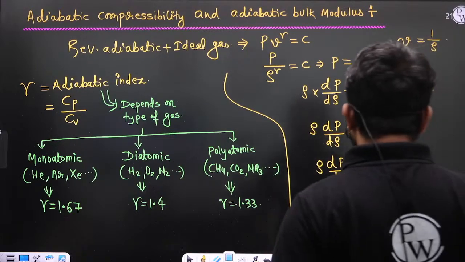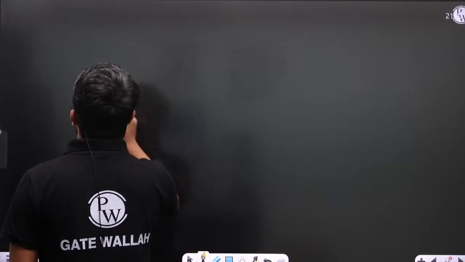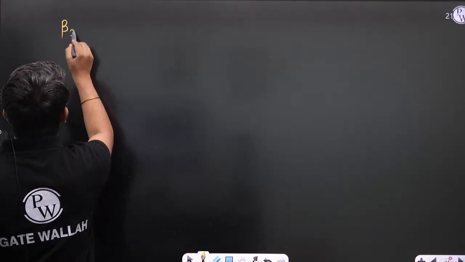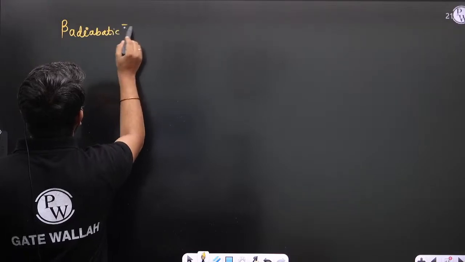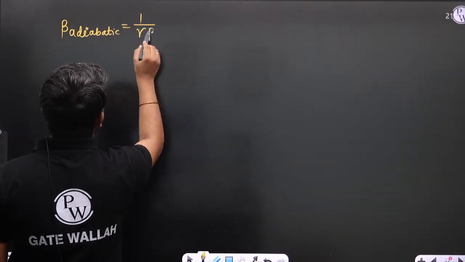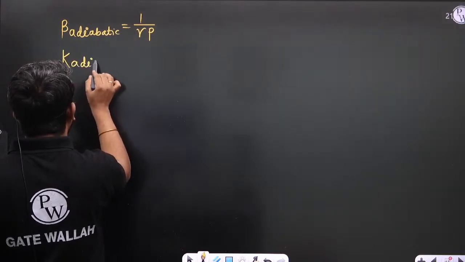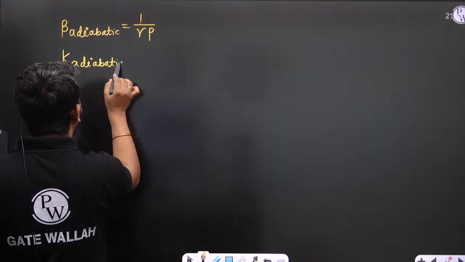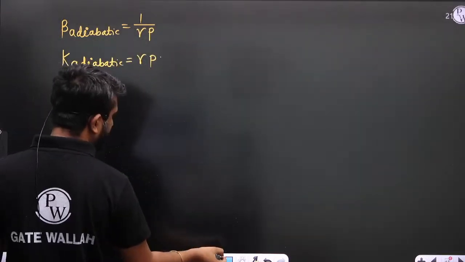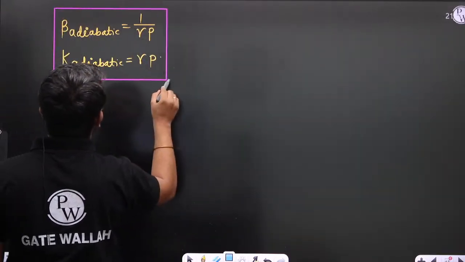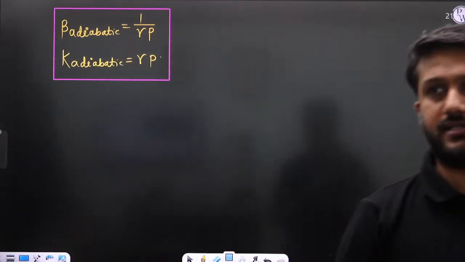If you know it, we can easily say the adiabatic bulk modulus, which is the reciprocal of this, and that is gamma P. So this is about the adiabatic compressibility and the adiabatic bulk modulus.